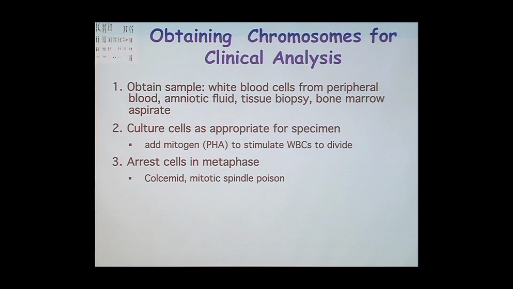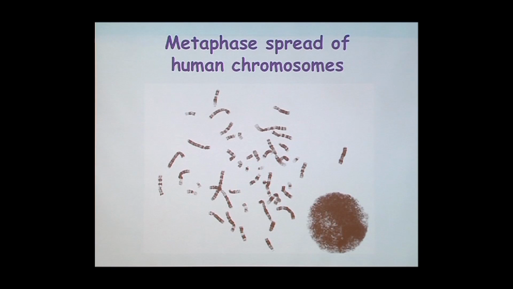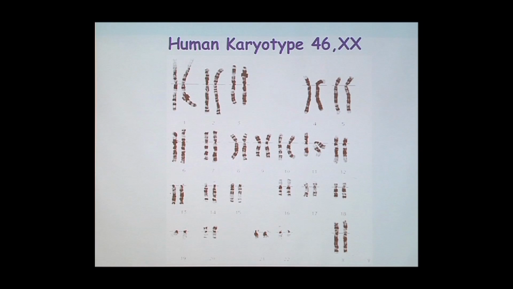And then they are treated with a particular drug that causes them to stop right at metaphase before they divide. So you have a whole bunch of cells right at that place before they divide, and it arrests them at that place. Then those cells are harvested and put on microscope slides and stained with a particular stain that gives that banding pattern that helps cytogeneticists, or geneticists, to identify the different chromosomes. And then they're analyzed under the microscope, and this is what they look like. And then these are all lined up to form this beautiful karyotype.